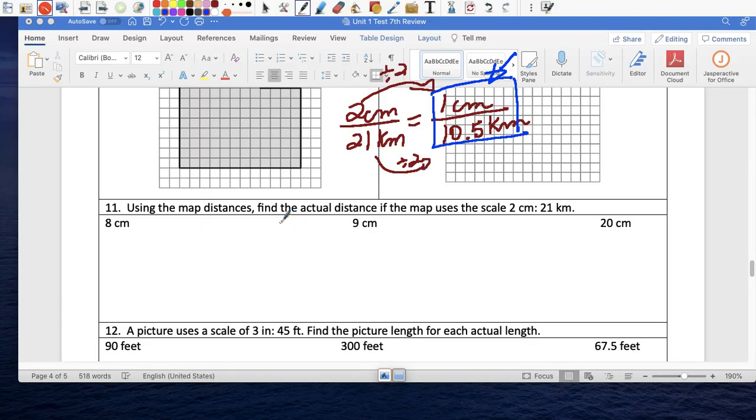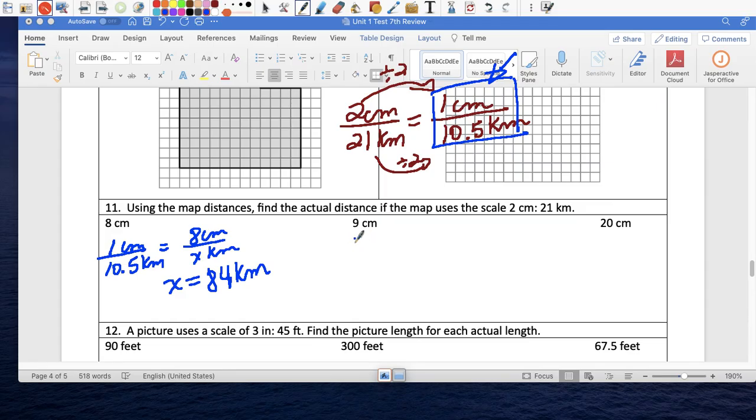What does 8 centimeters represent? It would be how many kilometers? That's what the question is. 1 centimeter is 10.5 kilometers. If I have 8 centimeters, how many kilometers would that be? Cross multiply, we get x times 1 is x, and then 8 times 10.5 is 84 kilometers.